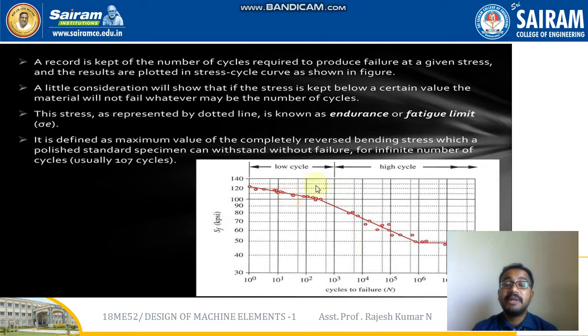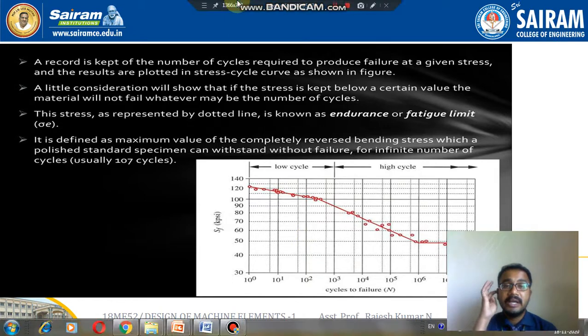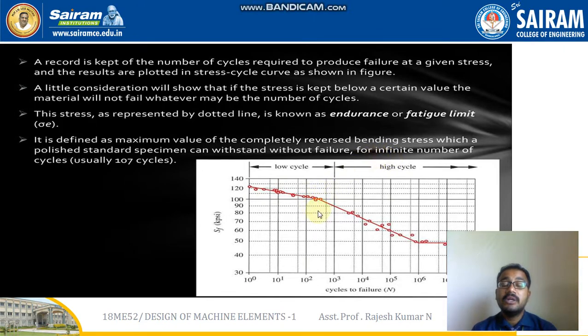This particular graph is plotted on a semi-logarithmic sheet. We know that all these technical graph points are plotted only on the semi-logarithmic sheet. Based on this graph, we identify which material comes under the low cycle category, which under the high cycle category, and which material has an infinite life.